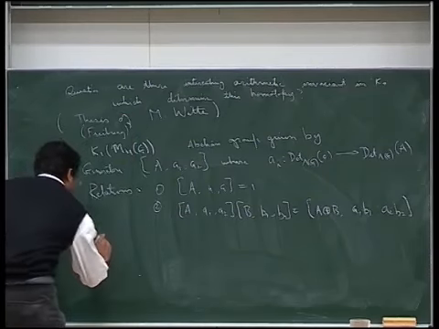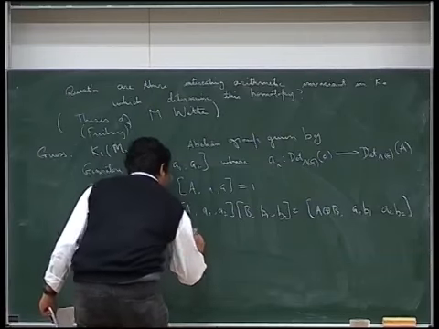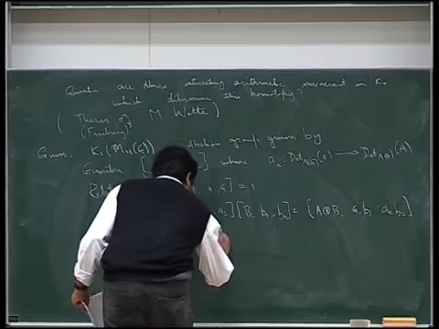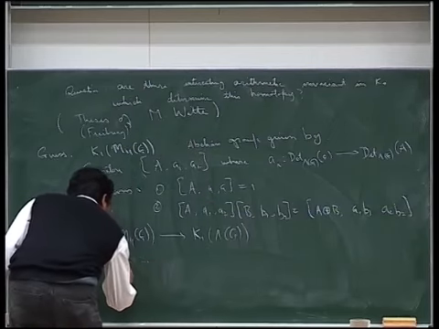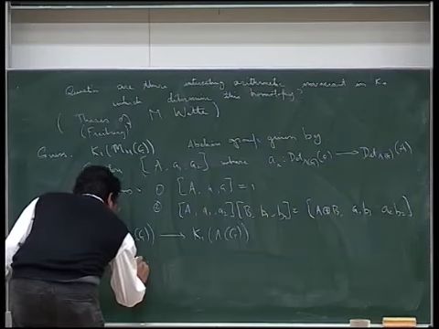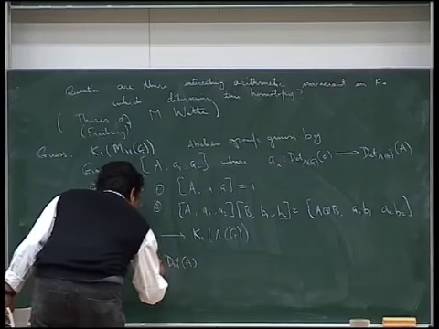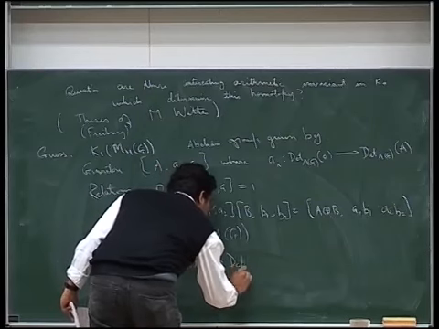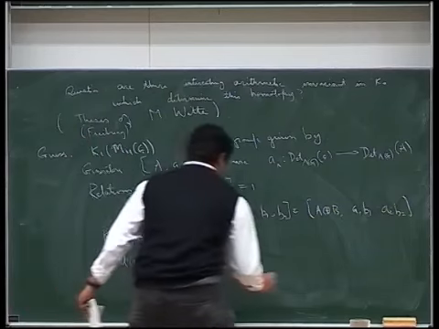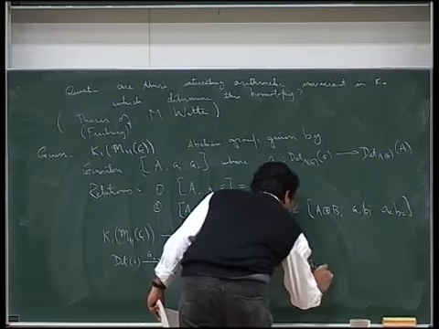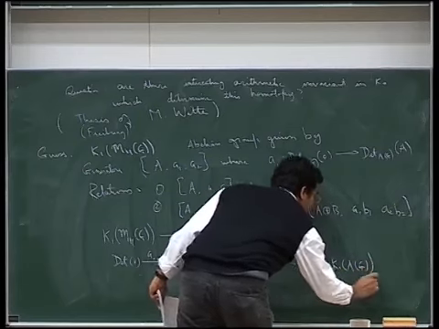And the map from K1 of MH of G to K1 of lambda G is given by: determinant of 0 to determinant of A via A1, and then this goes to determinant of 0 by A2 inverse. So A2 inverse A1 gives me an element in K1 of lambda G.